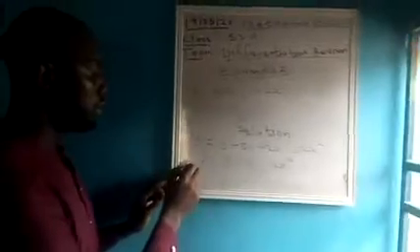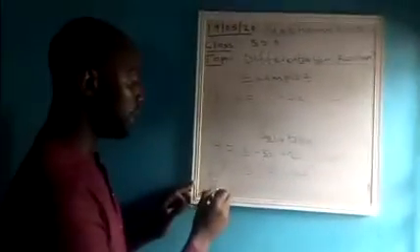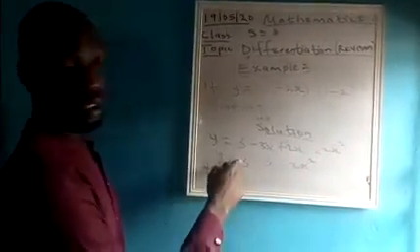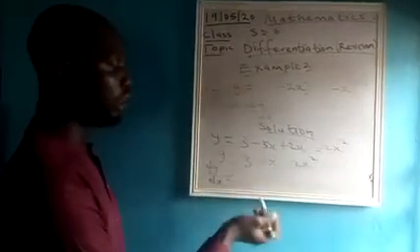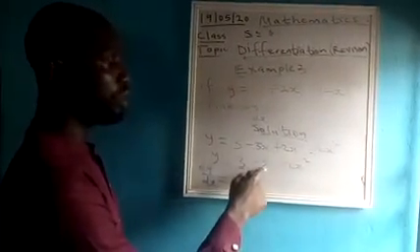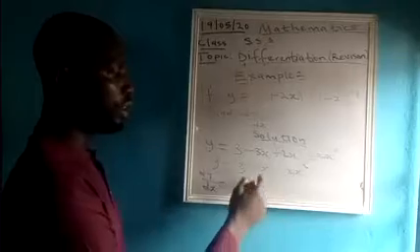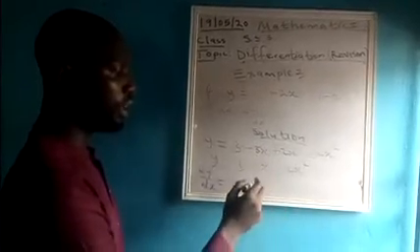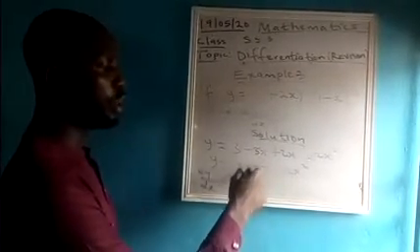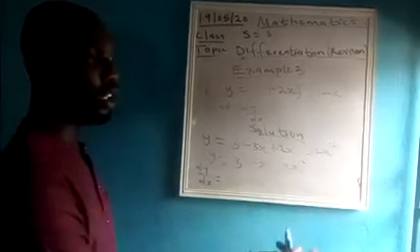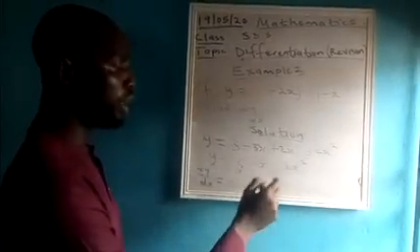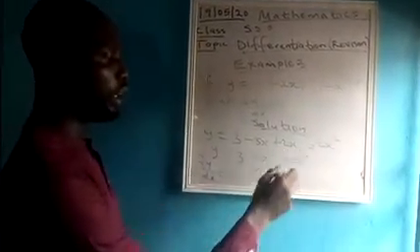Now, when you apply the general formula for differentiation, dy over dx is equal to the derivative of 3, and the derivative of any constant number is 0. So the derivative of x, when you apply the formula, is 1, because 1 times x raised to the power 1 minus 1, and any number raised to the power 0 is 1. So we have minus 1. The derivative of 2x squared, we have what?